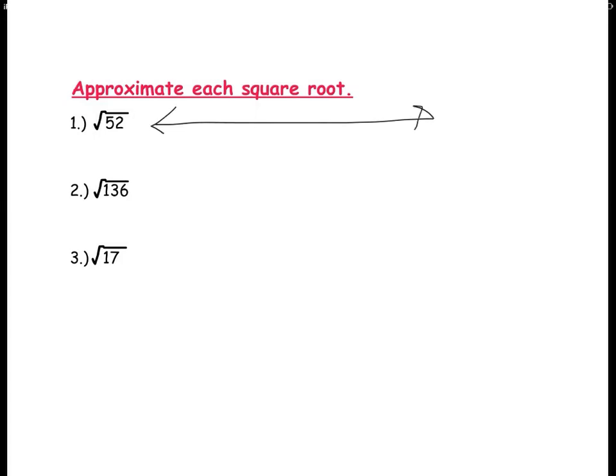Well, I know that 49 is a perfect square, and I know that 64 is a perfect square. So I know a perfect square a little smaller than 52, and I know a perfect square a little greater than 52. Now let's think. 52 on a number line would fall closer to which one, 49 or 64? Well, it would fall closer to 49.